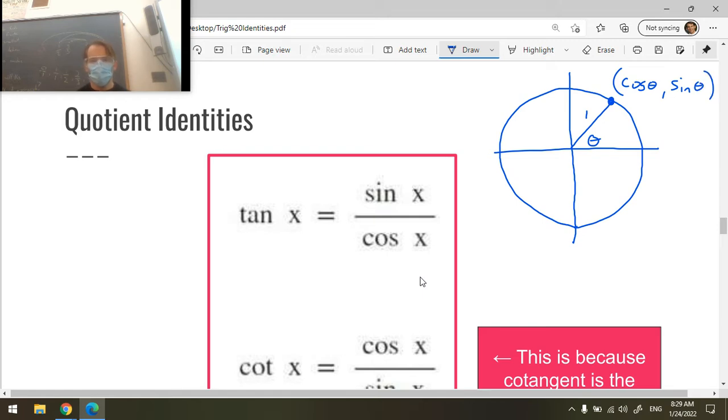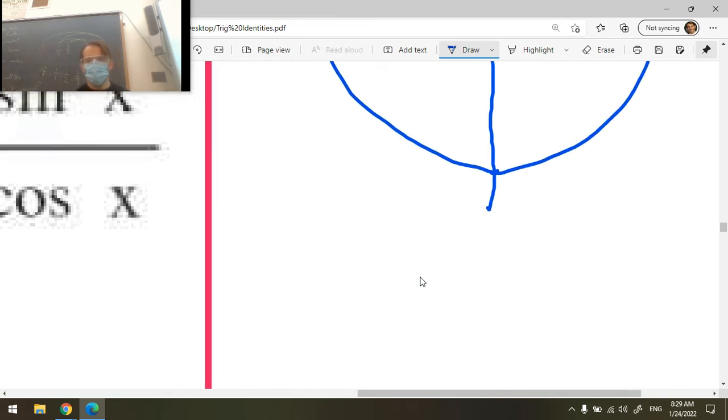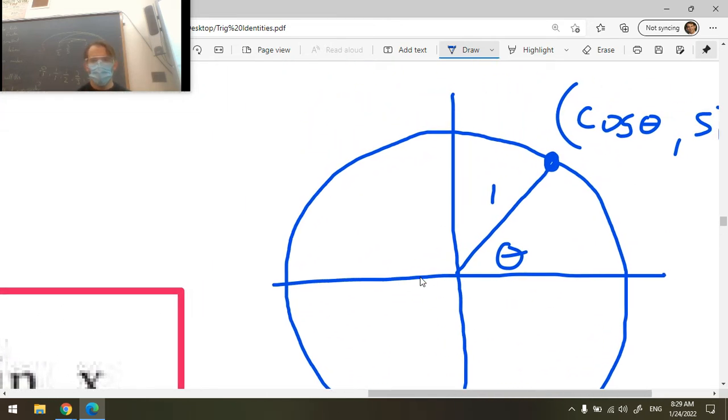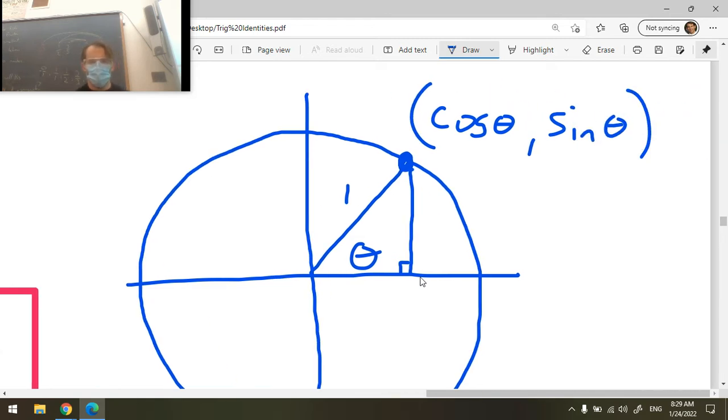Because this is a radius 1, if I look at the opposites and adjacents that create that, sine is opposite over hypotenuse, but the hypotenuse is 1. So this opposite side, the y value, is just sine theta. The adjacent is the x value of that point, the adjacent over the hypotenuse of this angle, which is just cosine theta.